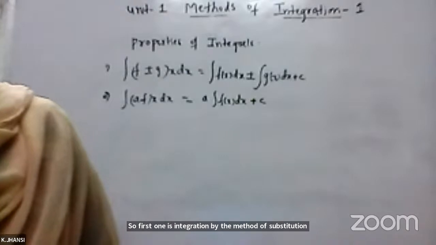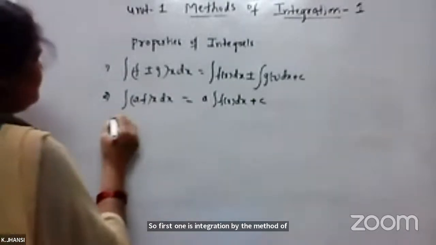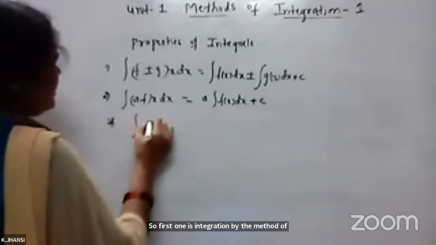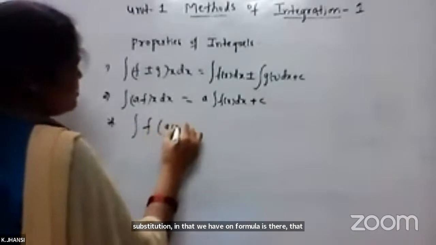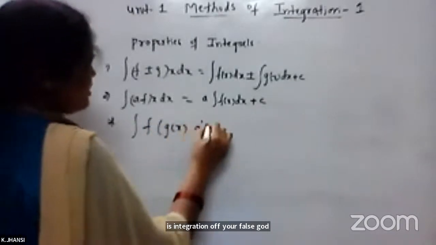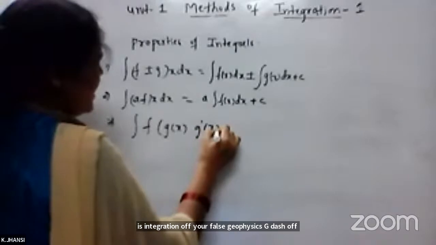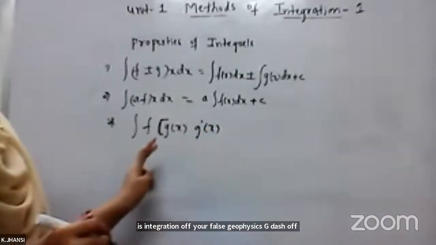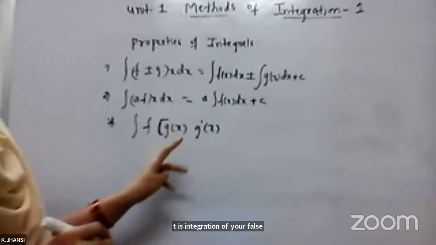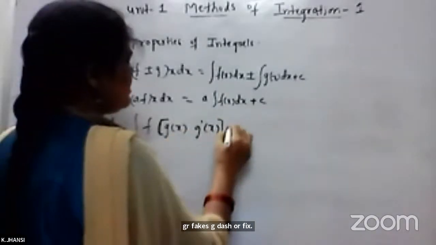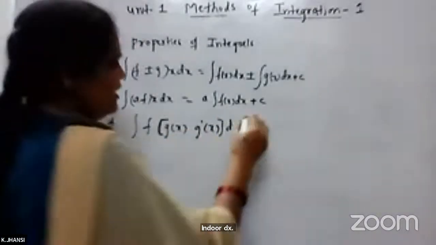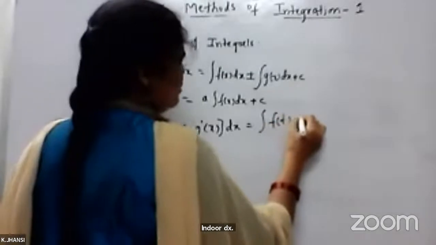In that we have one formula, that is integration of f of g of x, g dash of x into dx is equals to integration of f of t into dt.